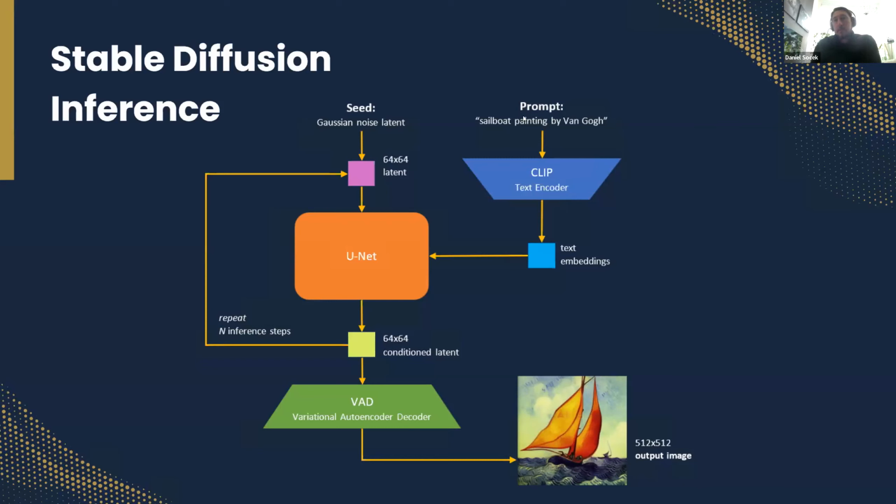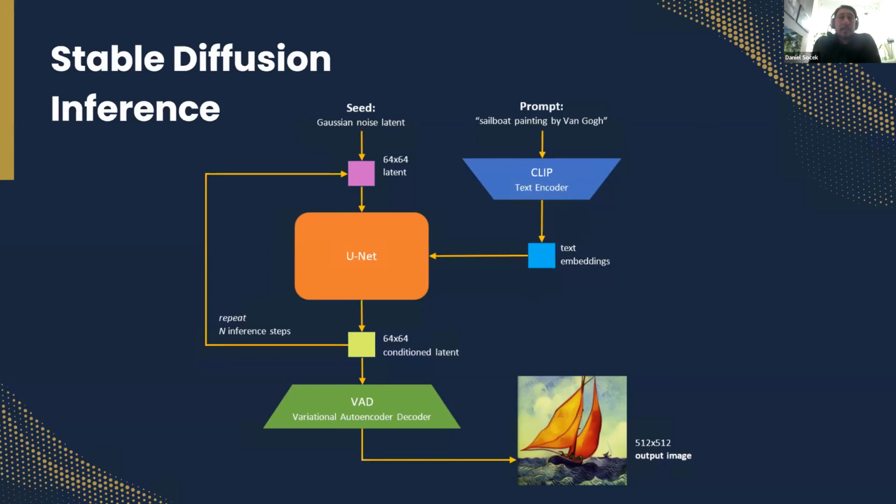So the first step is to take this prompt and convert it to the text embedding space. This embedding space is a two-dimensional matrix, which is more representative of what this prompt is, but in the image space. The second input is the latent, the 64 by 64 latent space.